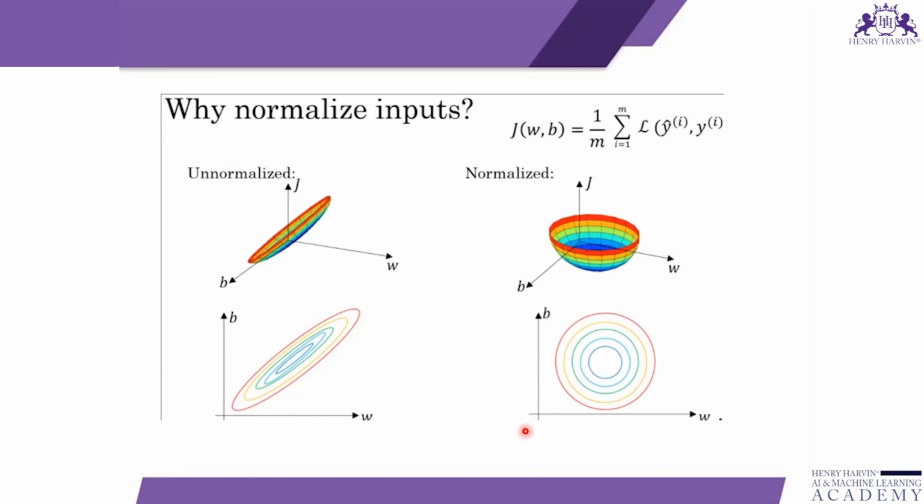Your cost function is more or less symmetrical, and it is easier for a model to start from anywhere and reach the global minima. So this was the intuition, and once we have this understanding that if my features are on the same scale, it is easier for the model to learn and converge better.